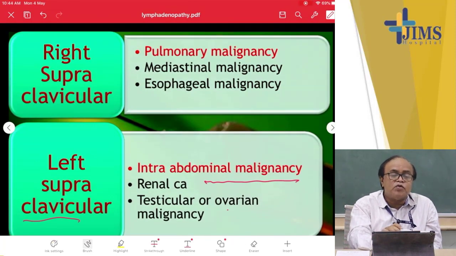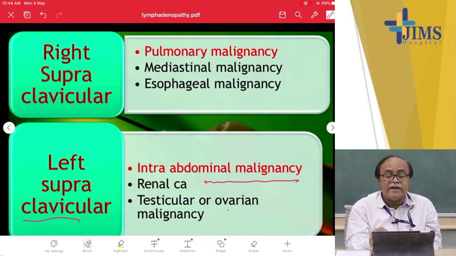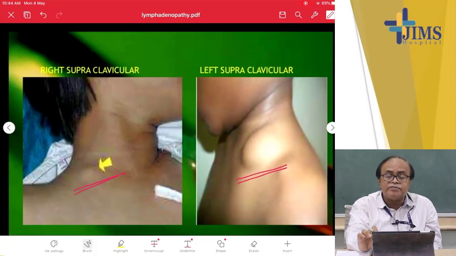That is right supraclavicular: pulmonary, mediastinal, esophageal. Left supraclavicular: intra-abdominal malignancy, renal CA, testicular or ovarian malignancy.